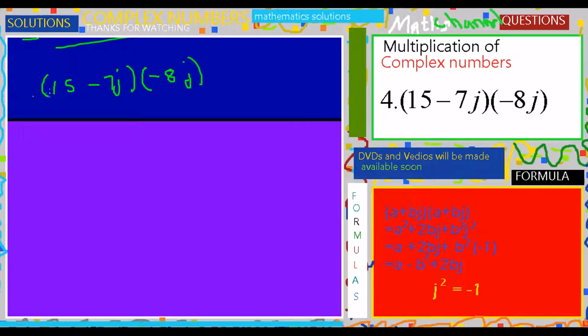So multiplying this, let's start with negative 8j. So we have 15 minus, okay, it's the same thing, I'm just rearranging it. So multiply 8 by 15.